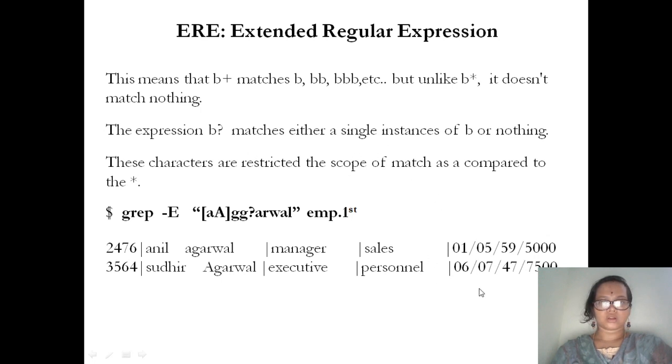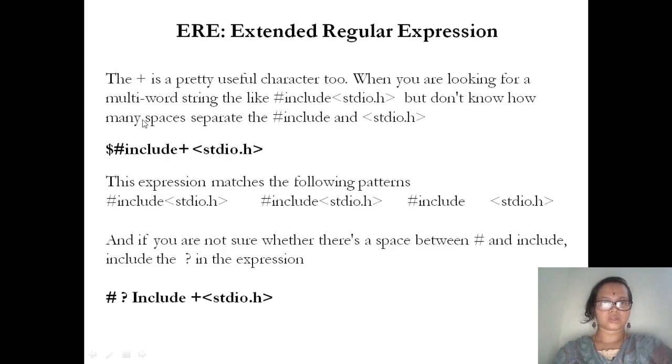So next, coming to the plus, that is a pretty useful character too. Why is this useful? Because when you are looking for a multi-word string like #include stdio.h, but don't know how many spaces separate the #include and stdio.h. I don't know where all the spaces have been created unnecessarily.